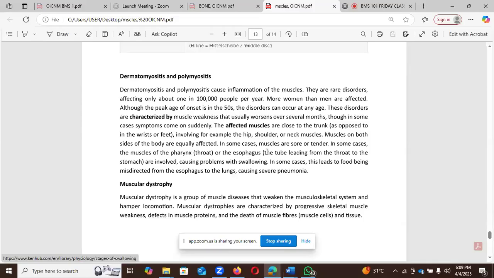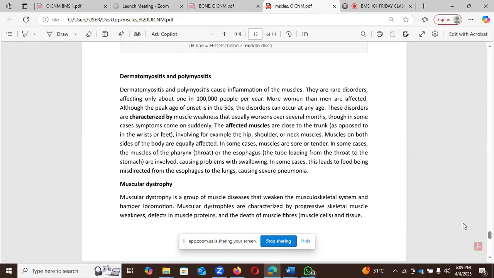And if it affects the esophagus or the throat, there will be problem of swallowing or talking. Even there will be problem of respiration caused by severe pneumonia.